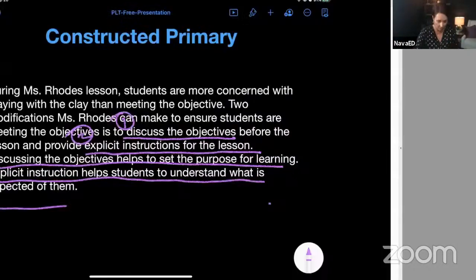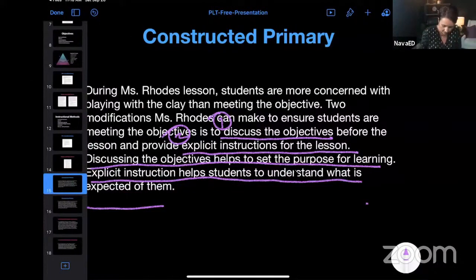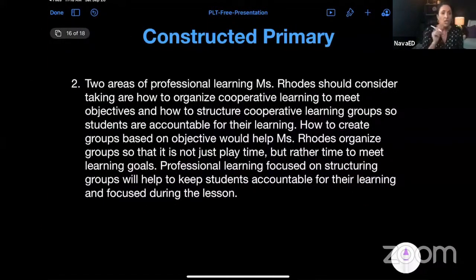No problem. Let's go back to my short answer here. Here we go. 2 areas of professional learning Ms. Rhodes should consider taking are how to organize cooperative learning to meet objectives and how to structure cooperative learning groups so students are accountable for their learning.